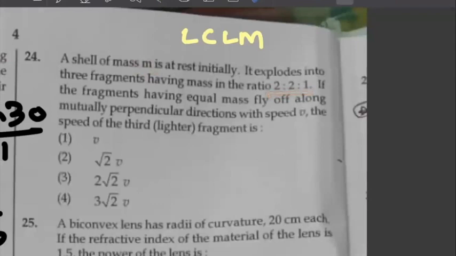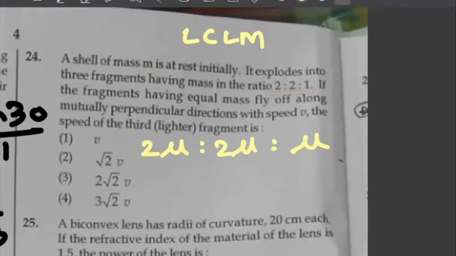Let's say it splits into 2 mu, 2 mu and mu, such that 2 mu plus 2 mu plus mu, the total should be small m. I don't want to use capital M, so that's why I'm using mu for mass here. So 2 plus 2, 4 plus 1, 5 times mu should be small m, or mu is nothing but m by 5. So basically, I have m by 5 and 2m by 5 and 2m by 5. That's the mass.